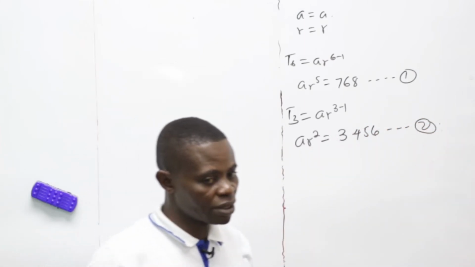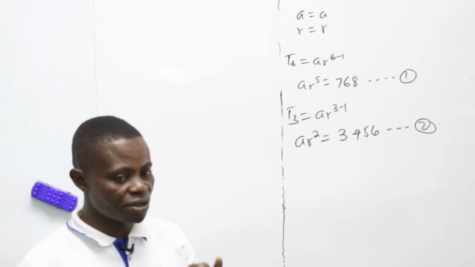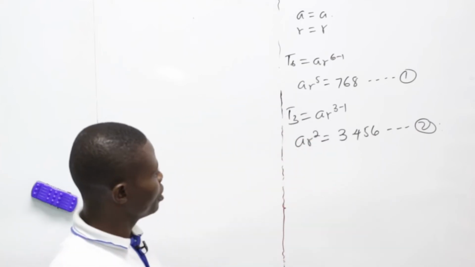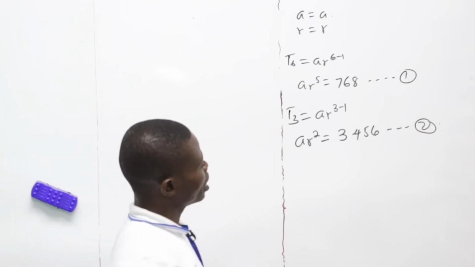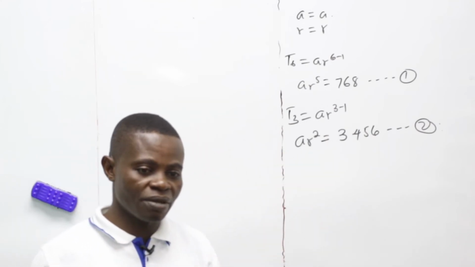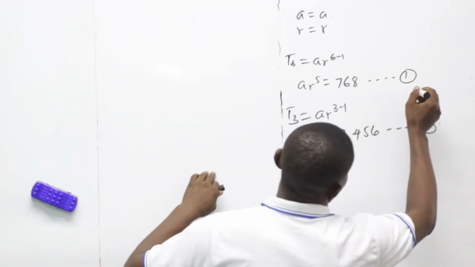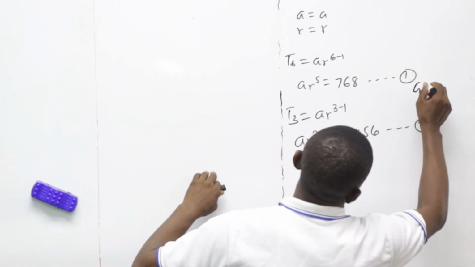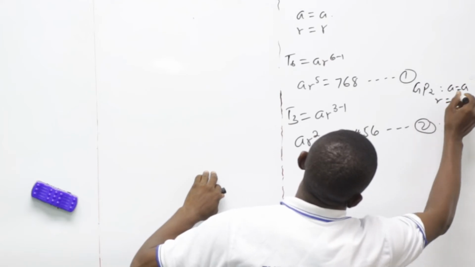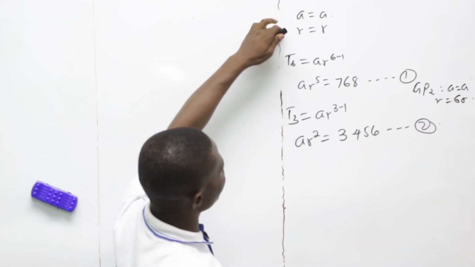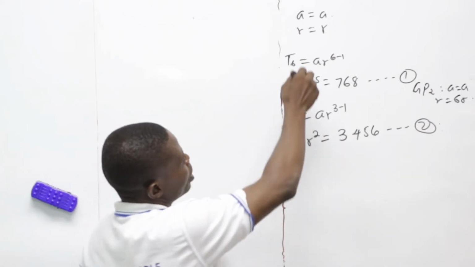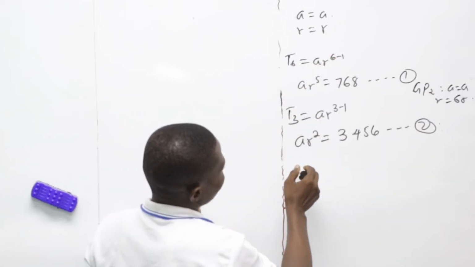Okay, let us respect the first GP and also respect the second GP. How do I mean? Recall, in your second GP, you were told that the first term is what? A. That is second GP, GP2: A equals A, R equals 6R. While GP1: A equals A, R equals R.